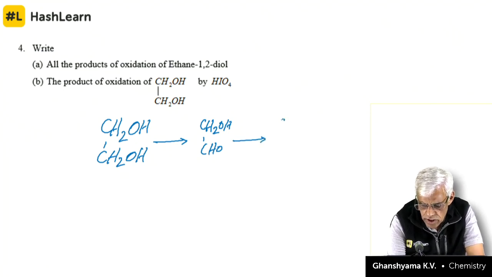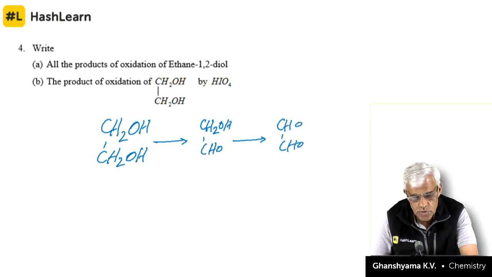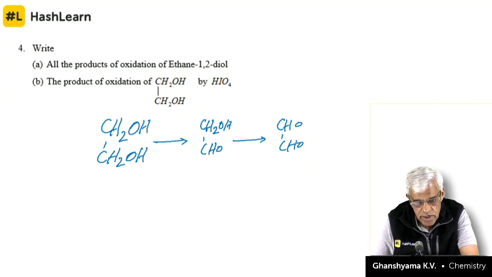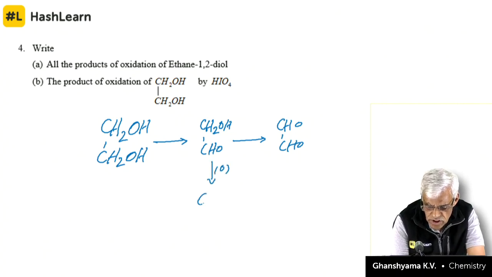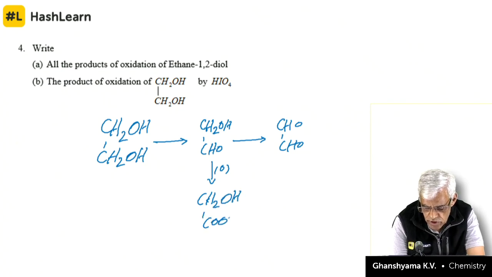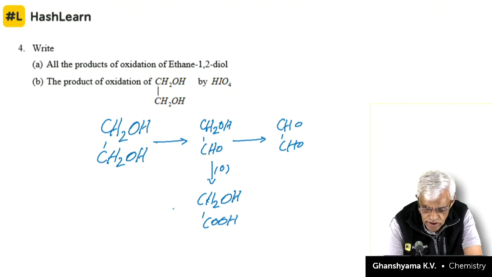This glycolic aldehyde on further oxidation will give what you said, CHO CHO, glyoxal or ethane 1,2-dial, or this on oxidation. You know that CHO on oxidation will give carboxylic acid. You get glycolic acid.